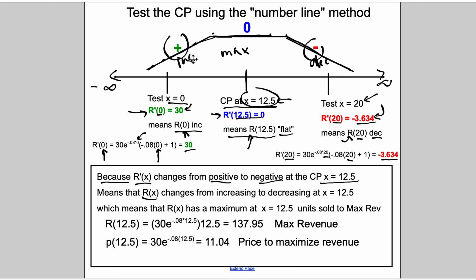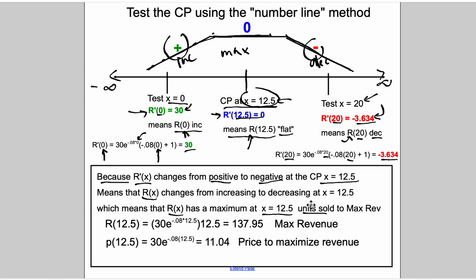That's my definition of a maximum. The point where a function changes from increasing to decreasing tells me that I have a maximum. So my revenue function has a maximum at x equals 12.5 units sold.